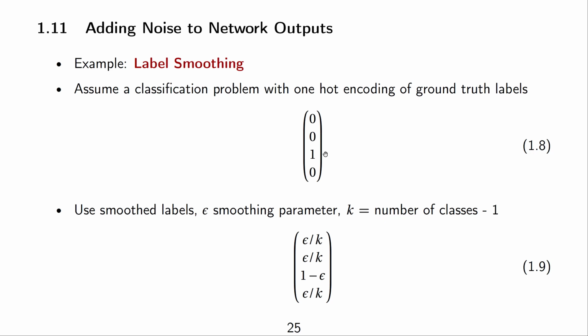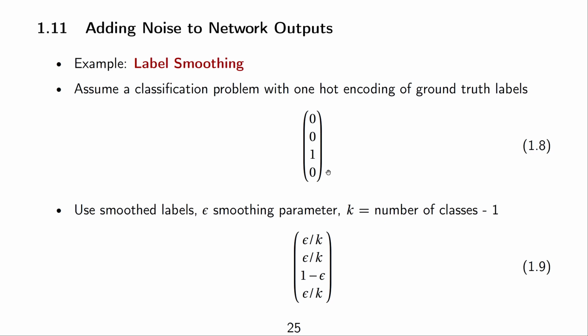Training with the cross-entropy loss, we would be concerned that the network cannot really generate the 1 and cannot really generate the zeros, but the network would try to push higher and higher closer to the 1 and lower closer to the 0, and this might be hurtful.